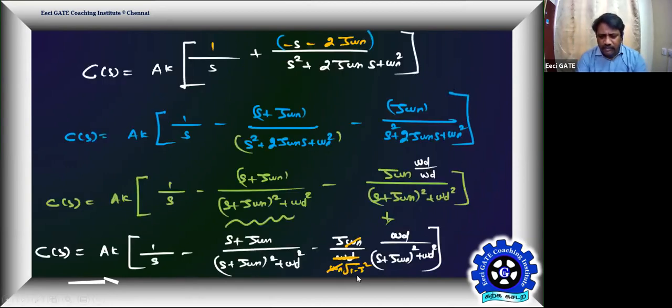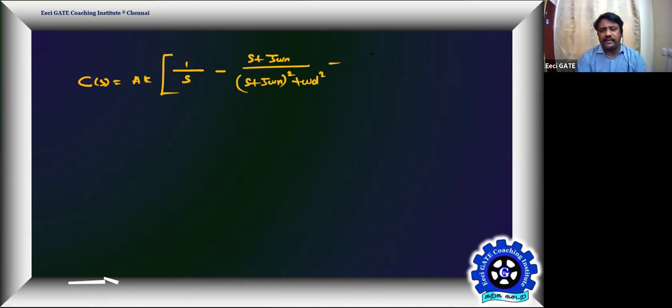Zeta by root of 1 minus zeta square remains. So zeta by root of 1 minus zeta square into omega d by S plus zeta omega n whole square plus omega d square. Okay, that's all right.